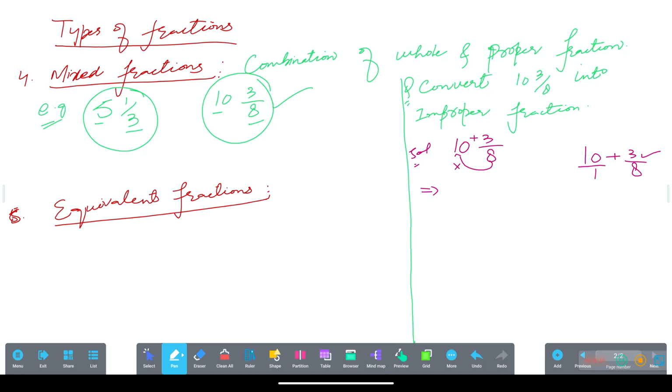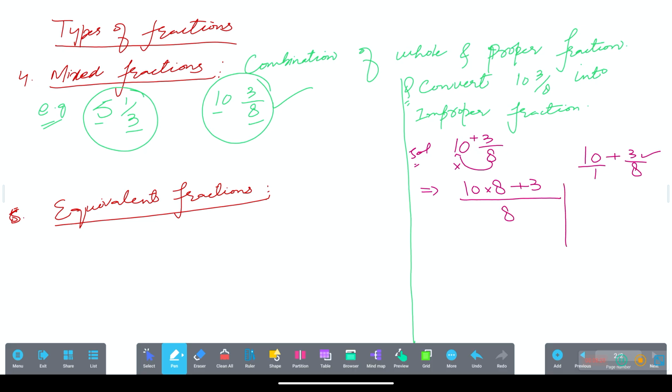Denominator will never be added. See, I will write 10 into 8, so the whole part multiplied with the denominator, then adding the numerator: 10 into 8 plus 3, whole divided by 8.